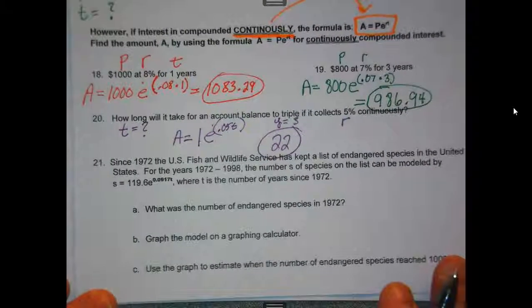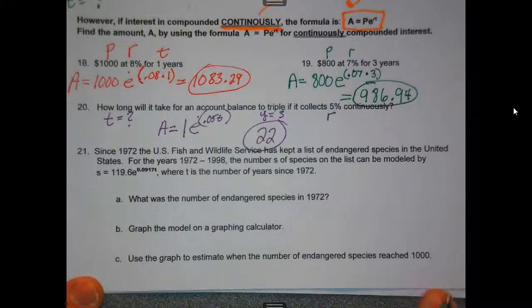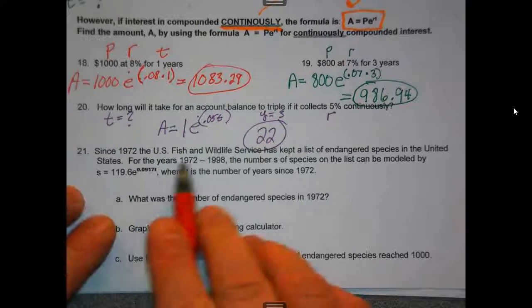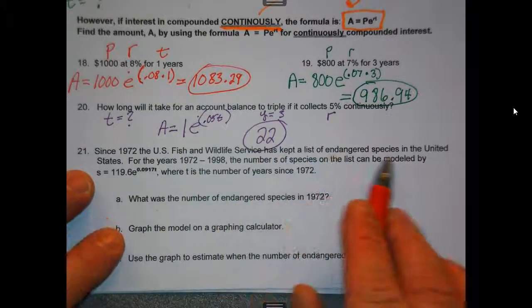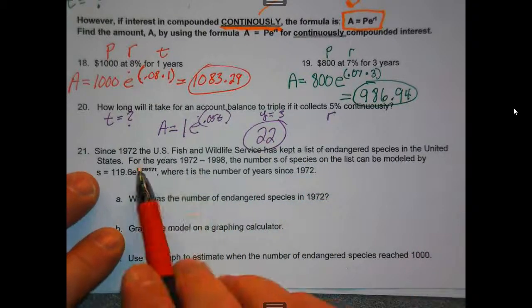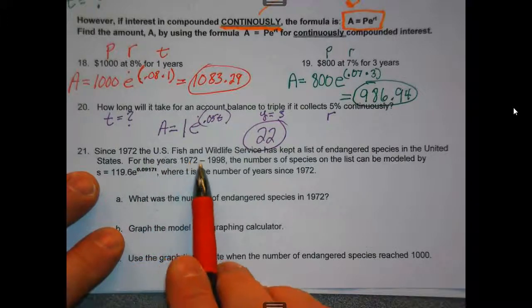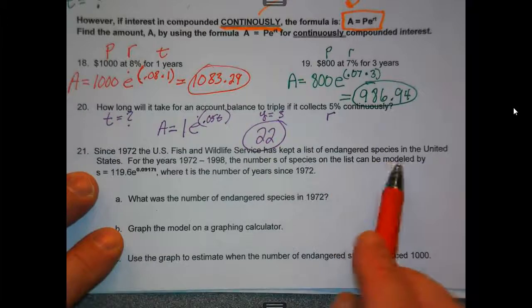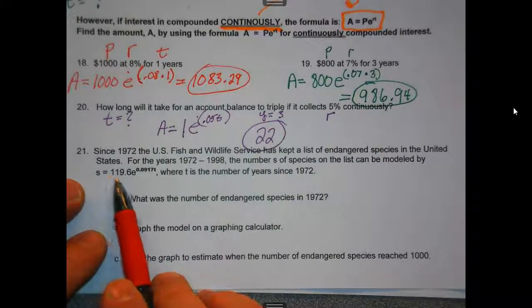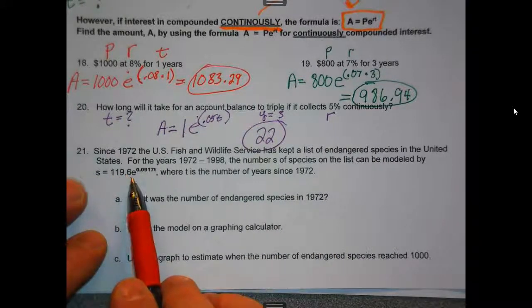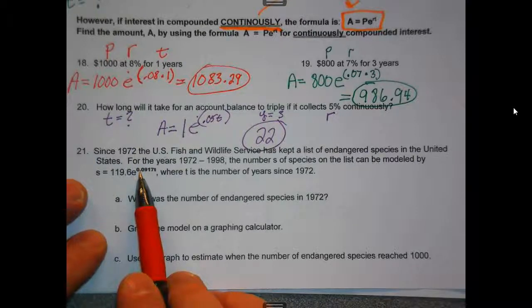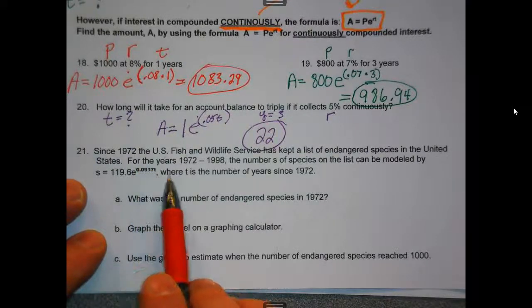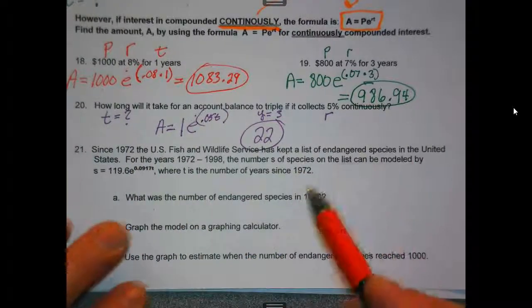Last problem. 21. Since 1972, the U.S. Fish and Wildlife Service has kept a list of endangered species in the United States. For the years 1972 to 1998, the number S of species on the list can be modeled by S equals 119.6 times E raised to the 0.0917 T, where T is the number of years since 1972.